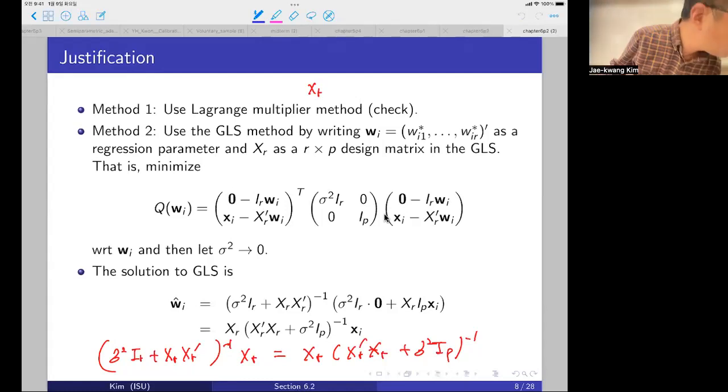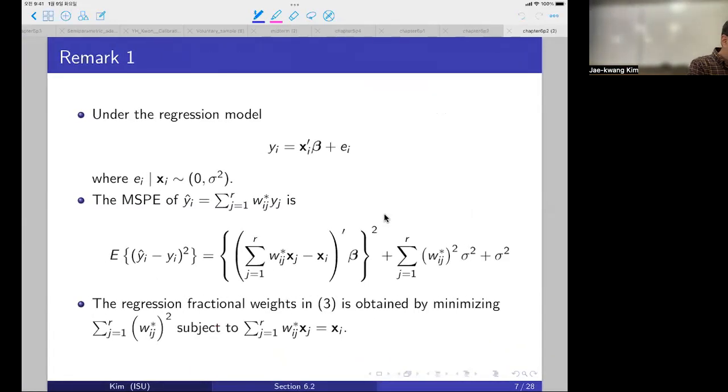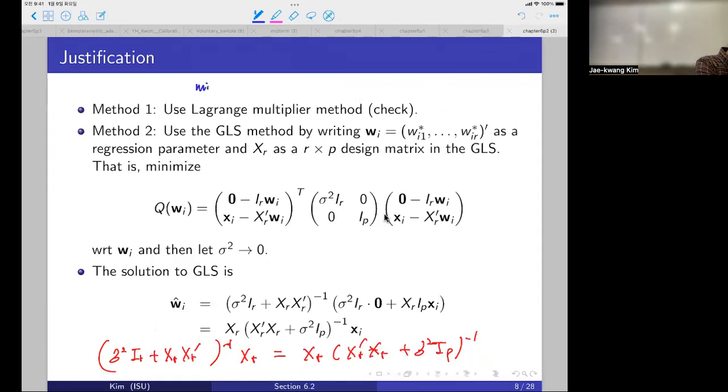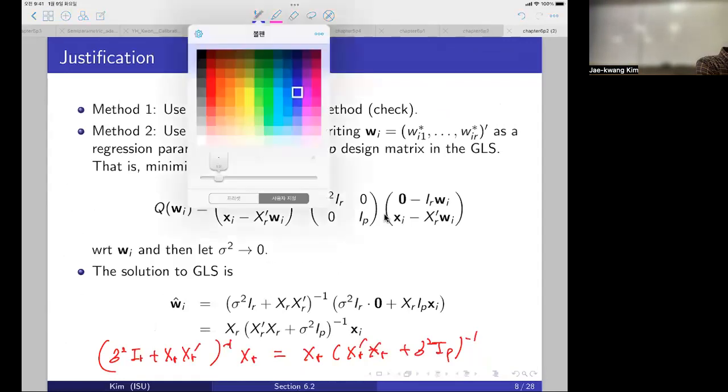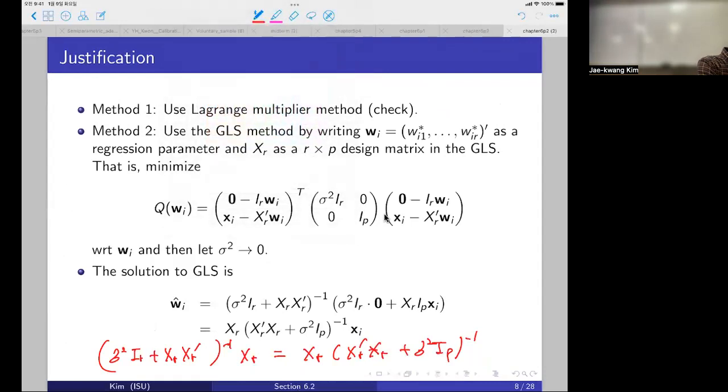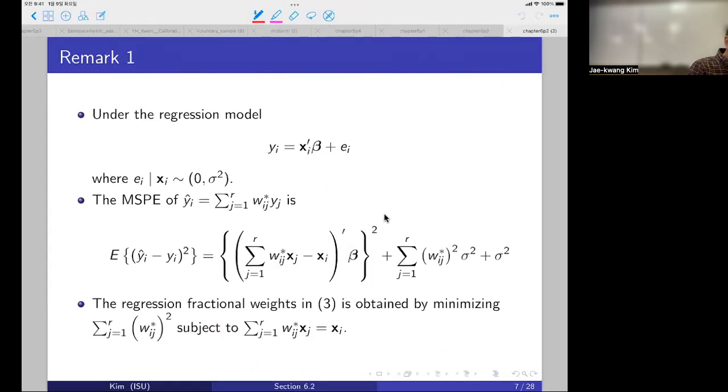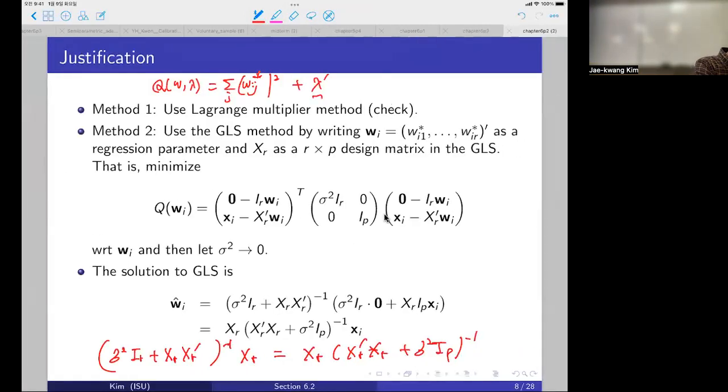So minimize Q(W, lambda), which is the sum over j of wij star squared, plus lambda prime times the sum over j of wij star xj minus xi.